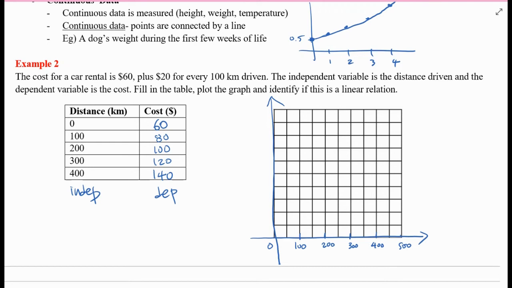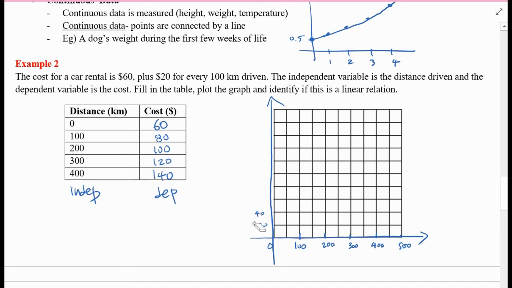So when you decide the scale, it should have the same increment every time it's increased by 1 unit. The increment should be the same. So this time the increment is 50. It's increased by 50 every unit, right? So every 2 units it's increased by 100 kilometers. And for the cost, starting from 0, let's do 20, 40.